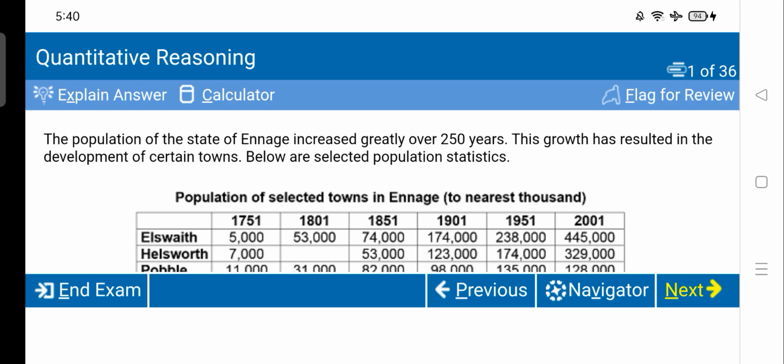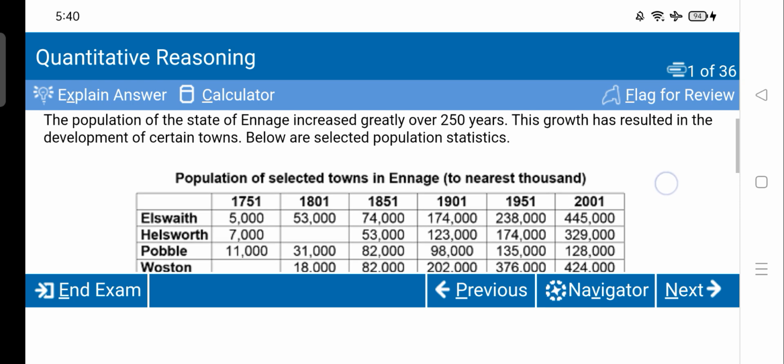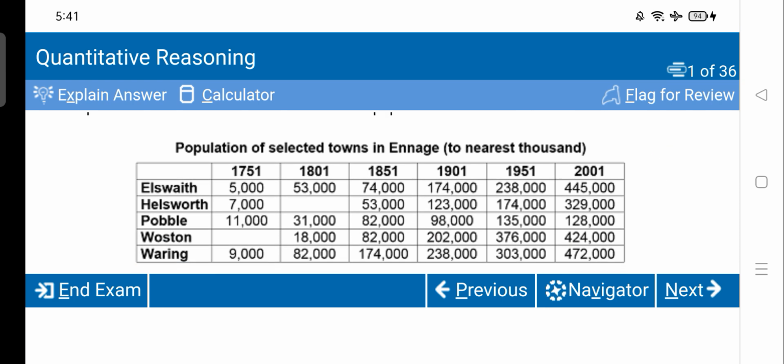So here we have a first question out of 36, and the statement is that the population of the state of Inage increased greatly over 250 years. This growth has resulted in the development of certain towns. Below are selected population statistics: population of selected towns in Inage, to the nearest 1000.